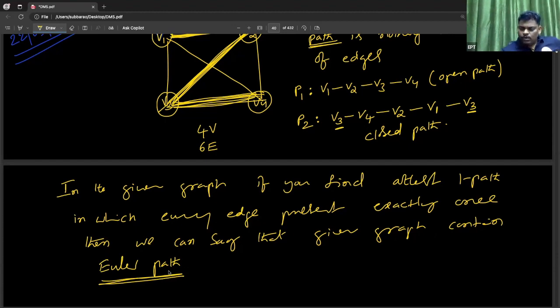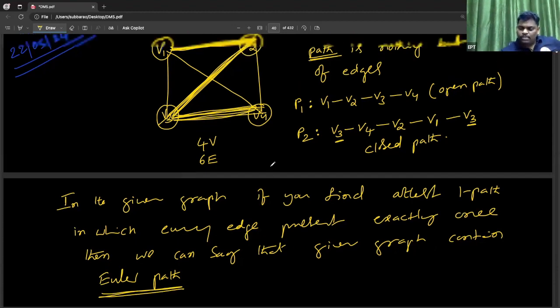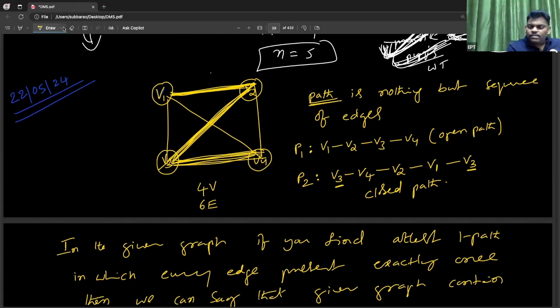Right. Now can you help me? Every edge is exactly once or more than once? Every edge is exactly once. Someone is saying something, let me read this. In the path definition, edges can be repeated.